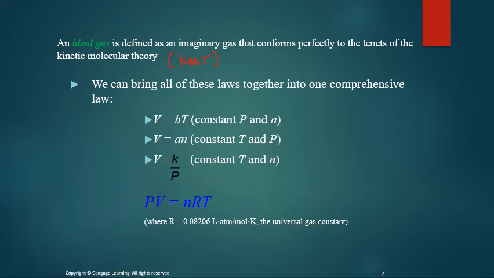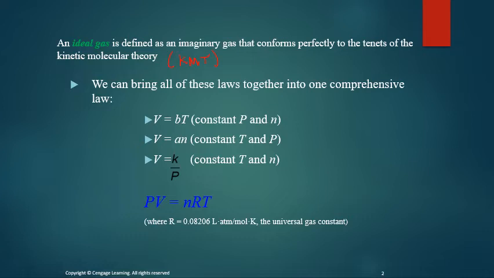From our last lecture, we know that volume and temperature are directly proportional at a constant pressure and number of moles. We know that volume was directly proportional to the number of moles when we had a constant temperature and pressure. And we knew that volume and pressure were inversely proportional to each other when we had a constant temperature and number of moles.